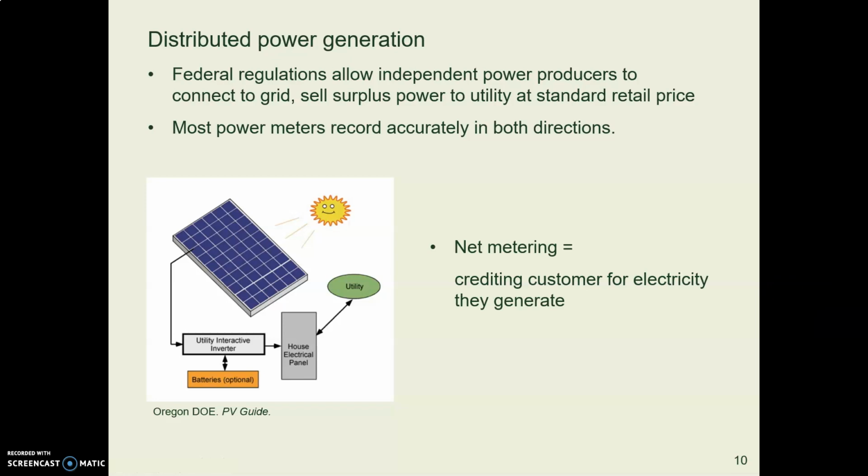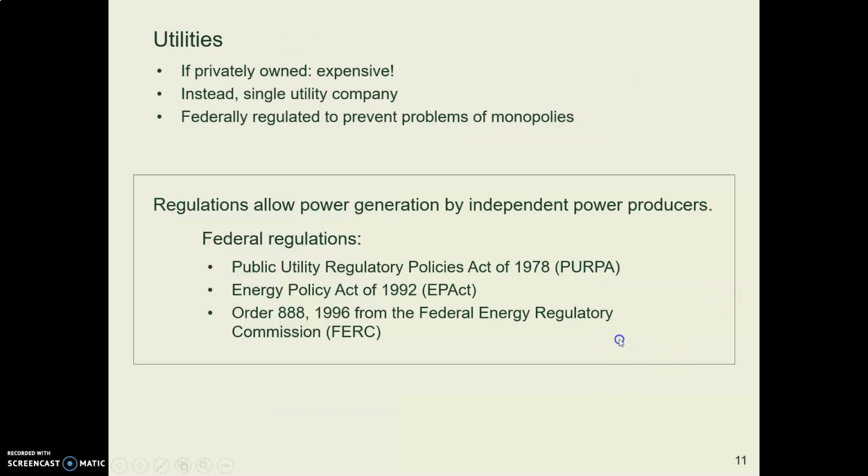You probably have heard that term if you've heard people talk about connecting solar panels to their house and they want net metering. And you might say, well, is that even legal? Yes, it is. In the U.S., there are federal laws that mandate net metering.